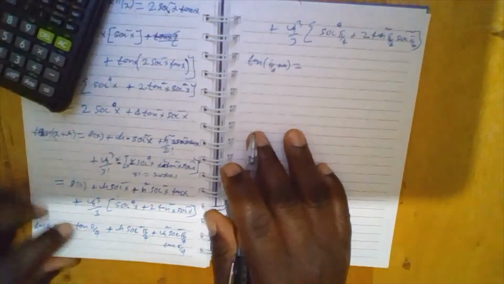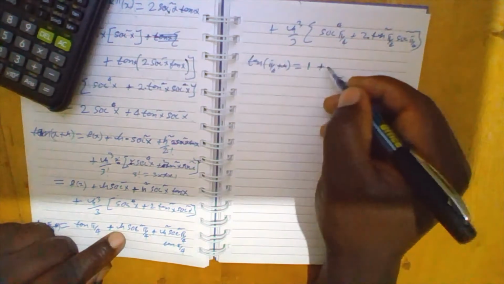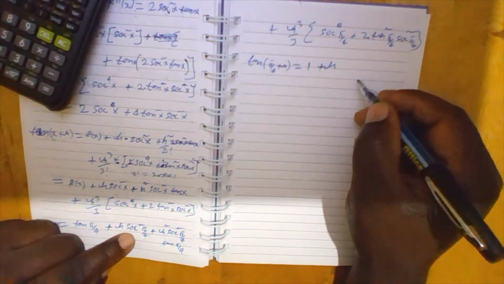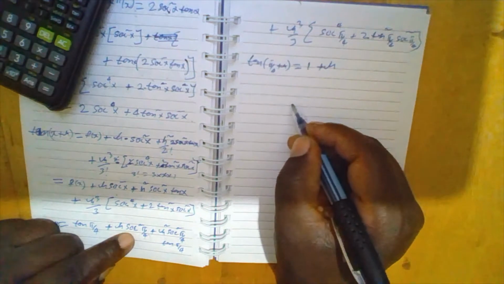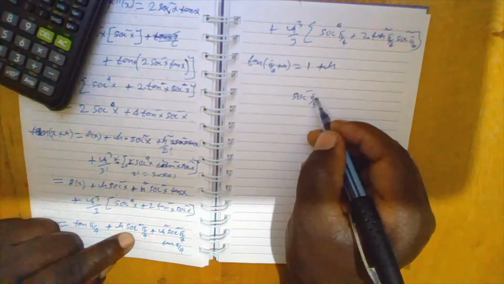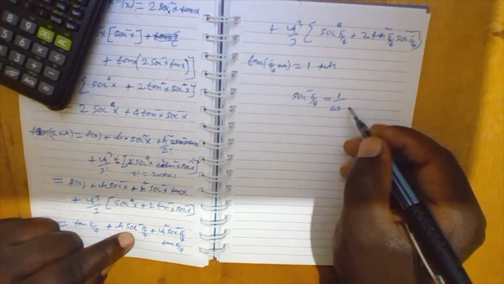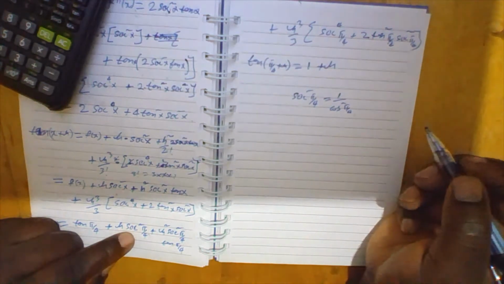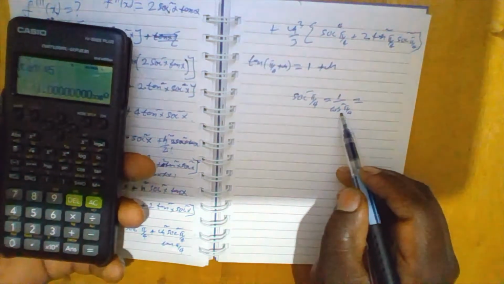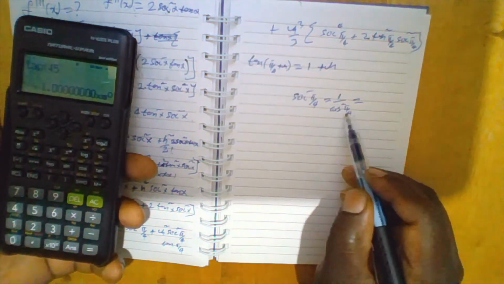So tan pi over 4 is the same as 1, then plus h, this h sec pi over 4 squared, which is the same as 1 all over cos pi over 4 squared, which equals, now cos pi over 4 is the same as cos 45, squared, so 1 divided by cos 45 squared.